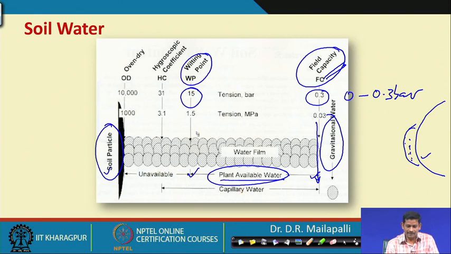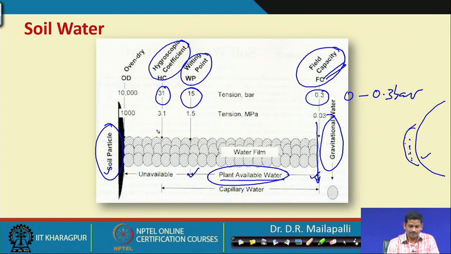Then from 15 bar to 31 bar, the soil water will be held mostly by capillary forces. At 31 bar we call this the permanent wilting point, and also the hygroscopic coefficient.